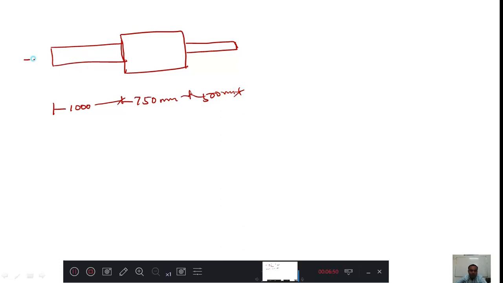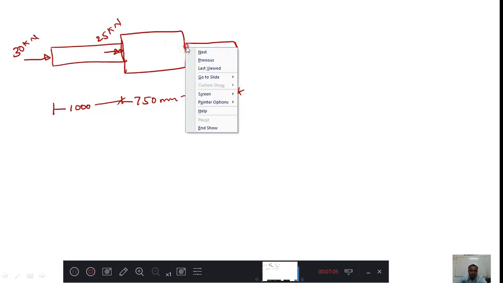And this force pushed here is 30 kilonewton, this force pushed here is 25 kilonewton, and here one force is there. That force I don't know.